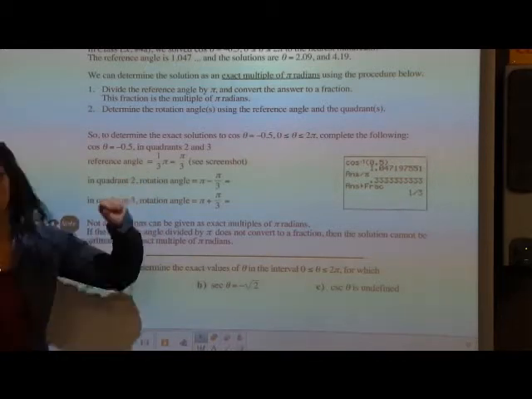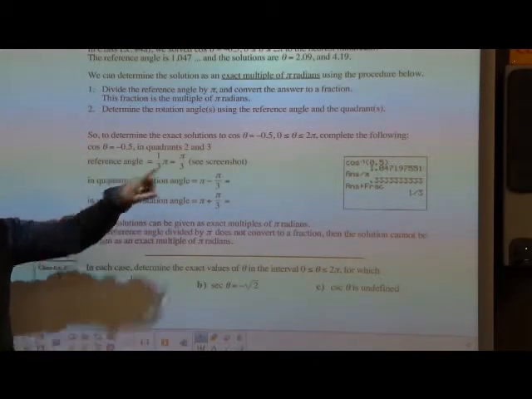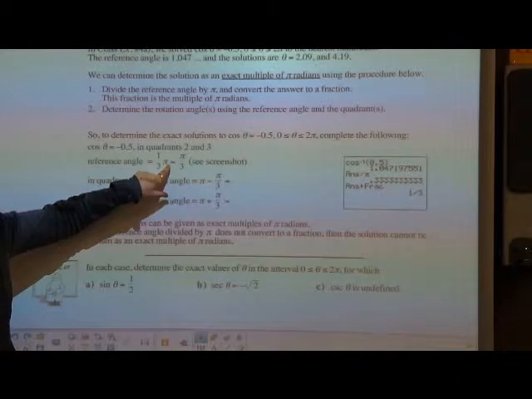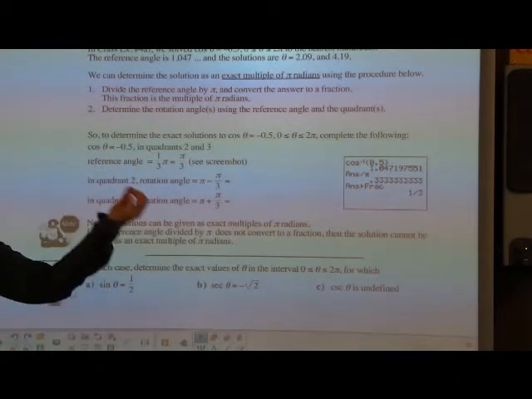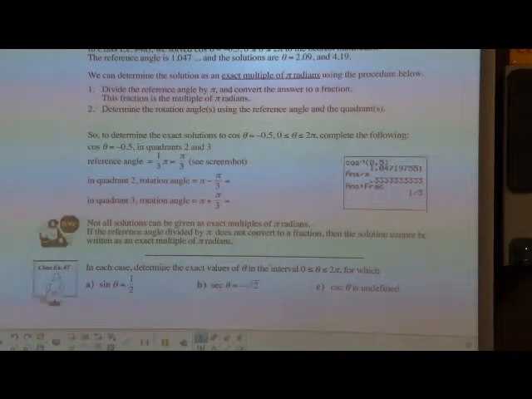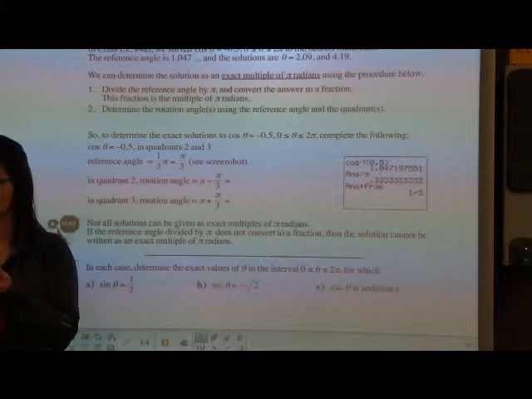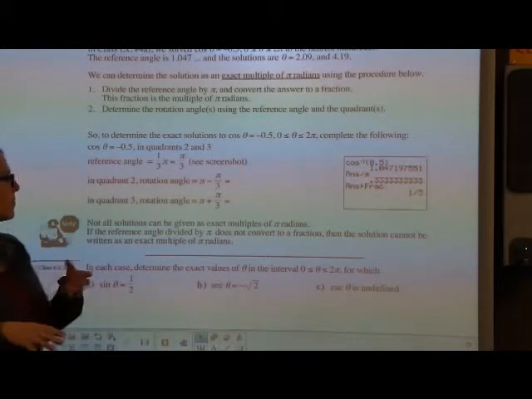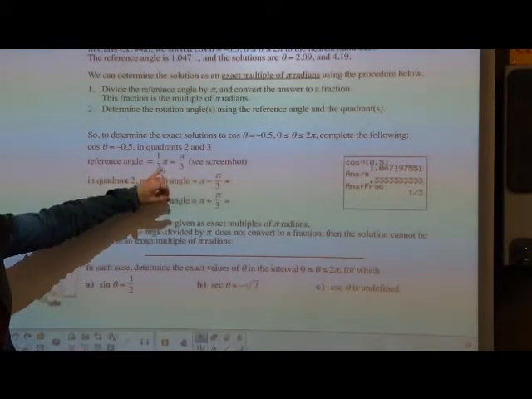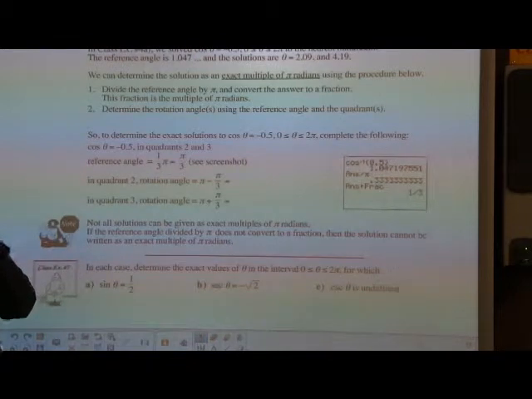That fraction is 1/3. Because I divided by pi, I'm going to multiply by pi to undo what I did. Because I can't just divide by pi, I've changed the value. But if I divide by pi and then multiply by pi, it cancels out. Does that make sense, the canceling out? And then my reference angle is pi over 3.